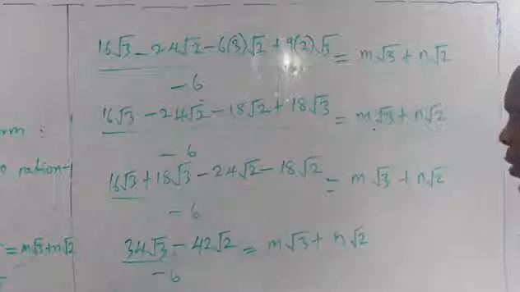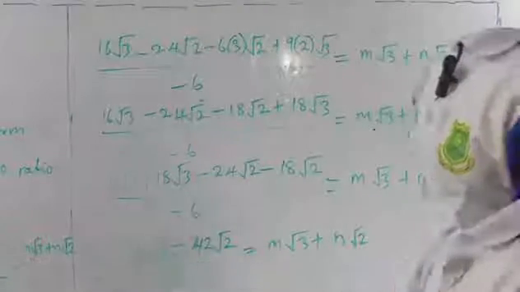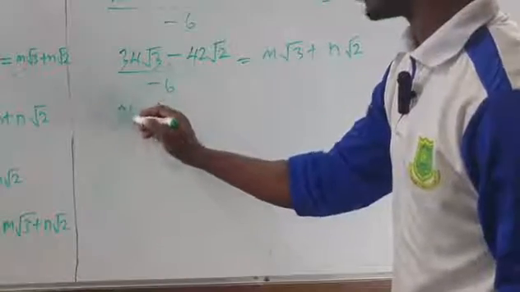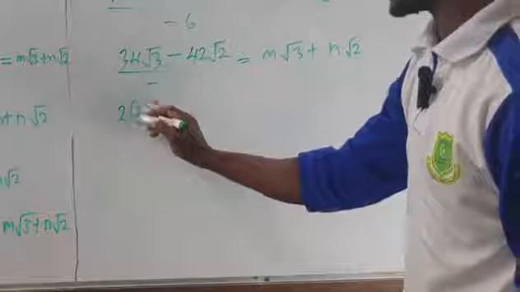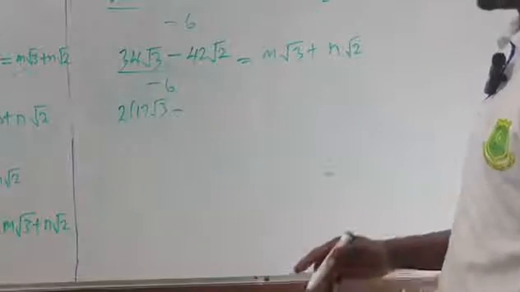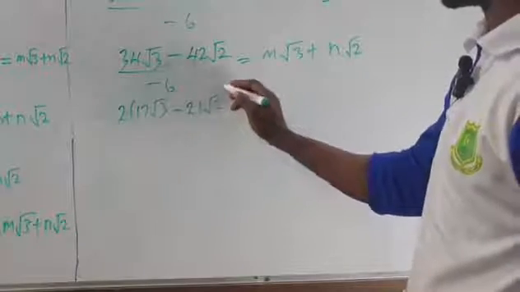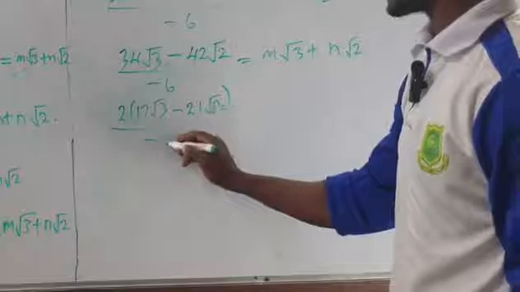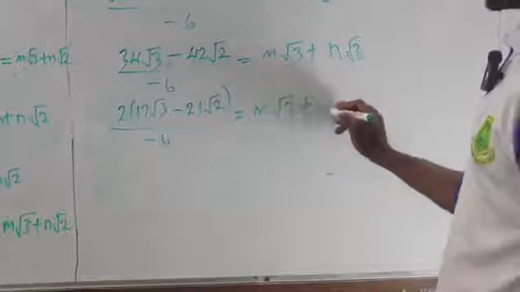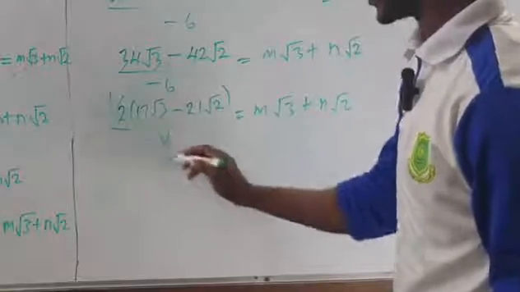So after this, we can now look for the common factor. I think 2 is common, so we are going to factor out 2 here. So we have 2 into 34, that's 17 root 3, minus 2 into 42, that is 21 root 2, all over minus 6, which is equal to m root 3 plus n root 2. So 2 into 2, 1, 2 into 6, 3.